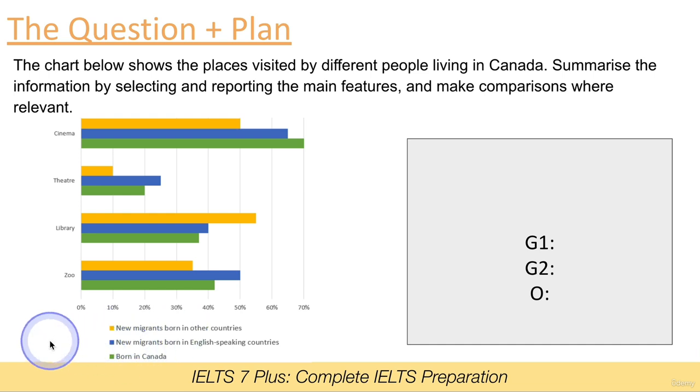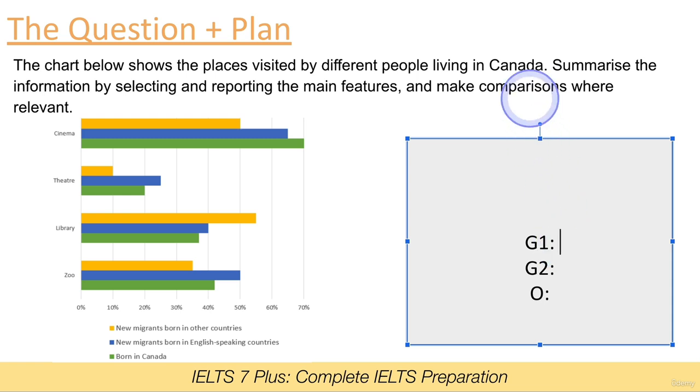So for example, you could group born in Canada and maybe new migrants born in English-speaking countries, and then new migrants born in other countries in another one, or however you like. Or you could group by places visited. For this, I think I'm going to go with places visited and do 2 in each group and then compare and contrast that way. So let's start then.